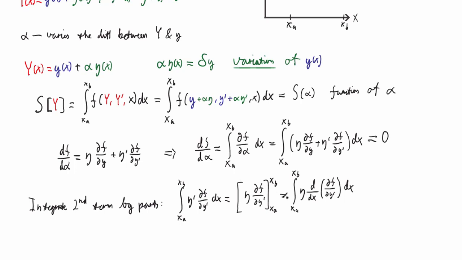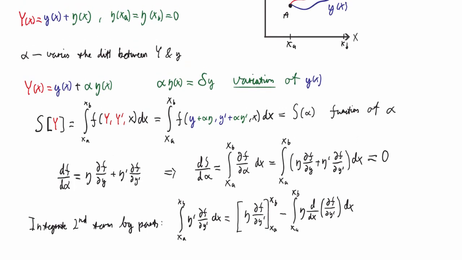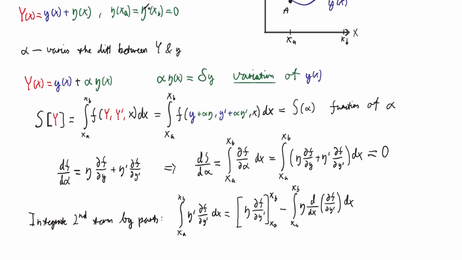Now this term here, we know what it is because, remember, we said that this variational function eta is actually 0 at the endpoints. So at xa and xb, eta is 0. So that means that this whole thing is 0. So you're only left with this.